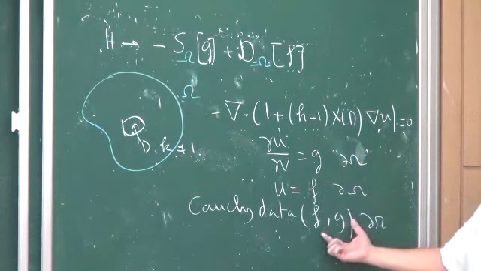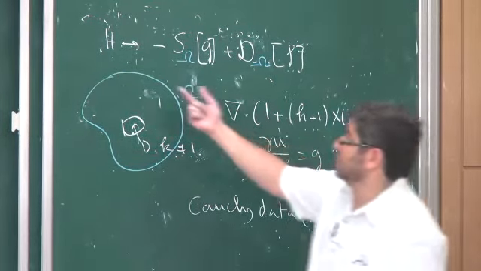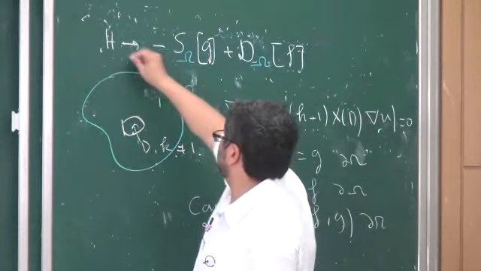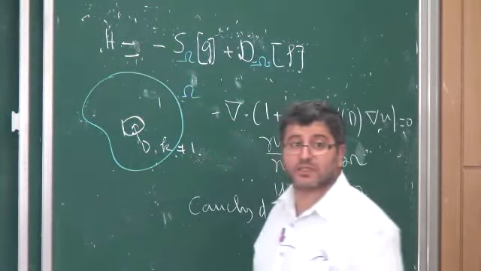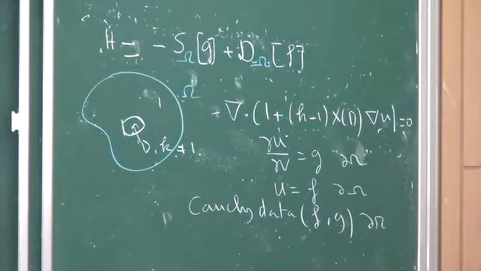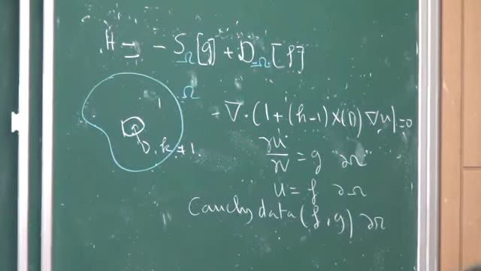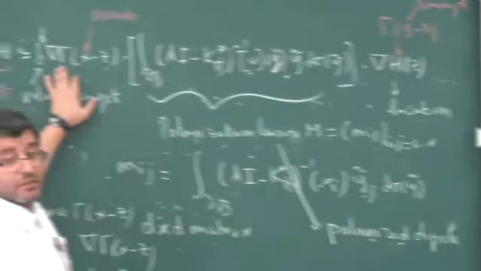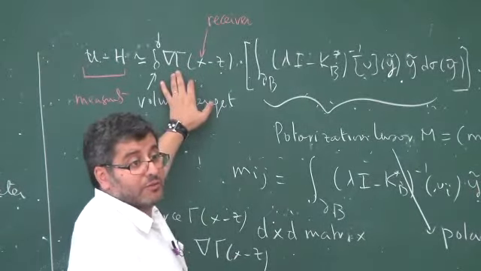From these F and G, we reconstruct H. It's given by just this: minus single layer potential of G plus double layer potential of F. We plug this in here, and we can do exactly the same asymptotic analysis and end up with the same formula, but instead of gamma here, it's the Neumann function.